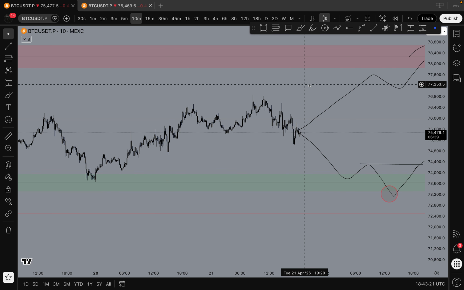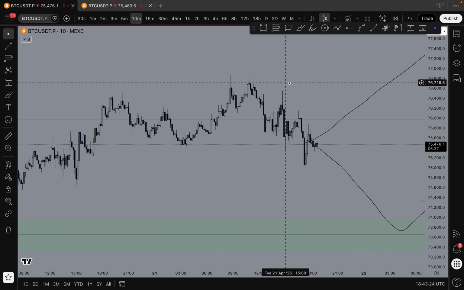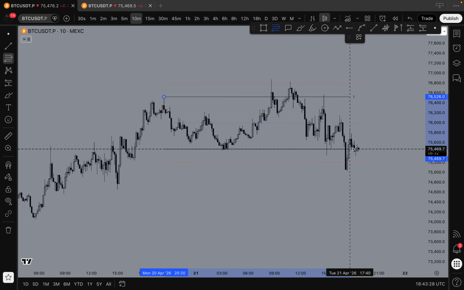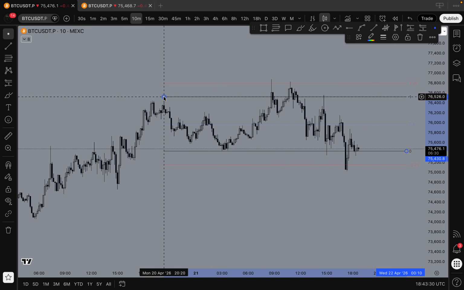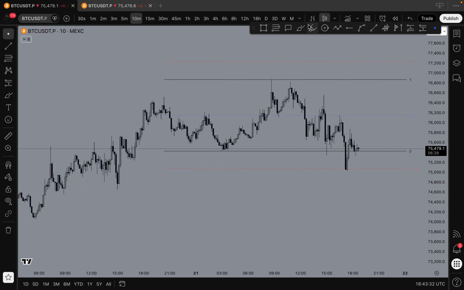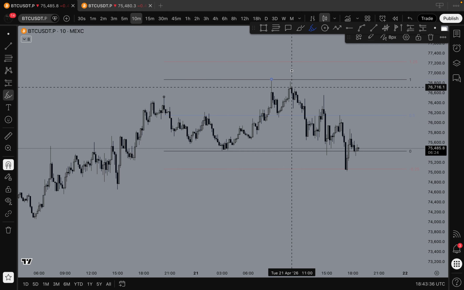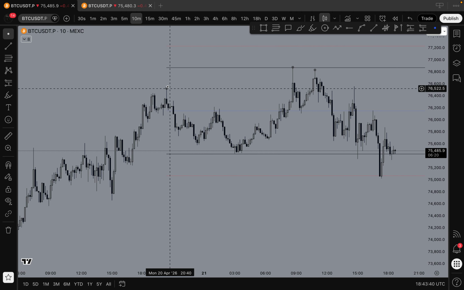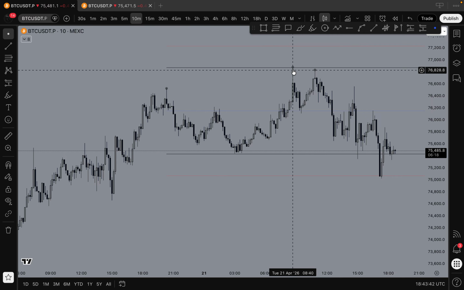So like today, where we had the short, which was basically this 1, 2, 3 model 2 distribution, where a lot of buying happened here, then buyers got trapped right here.